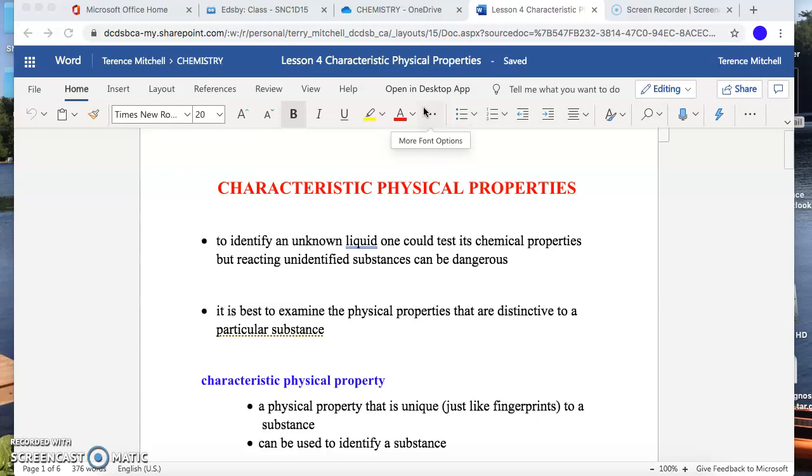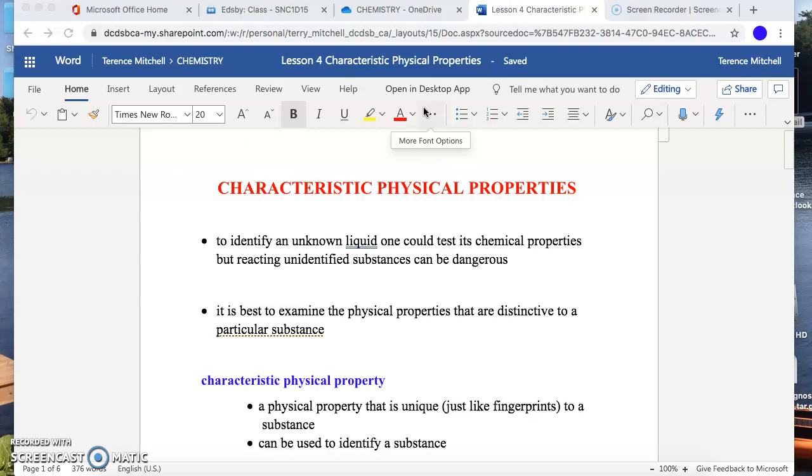Not only that, but we kind of want to avoid doing chemical reactions, because what if the substance that we are putting in reacts in a violent way? We get flame, we get explosion, we get a new substance, and that new substance is a poisonous gas.